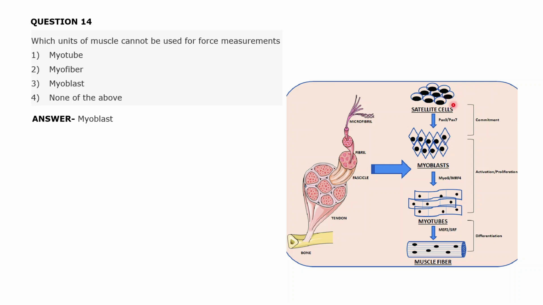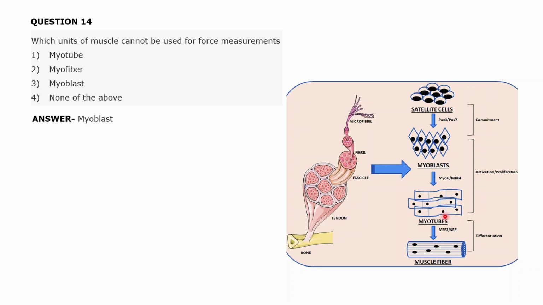So a satellite cell divides and proliferates to form myoblasts. These myoblasts arrange in a specific pattern and lose their identity to fuse together to form what is called a myotube, which is a functional part of a myofiber. So if you look at a myotube, it's the functional part.